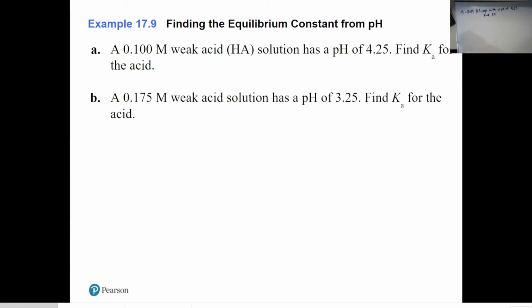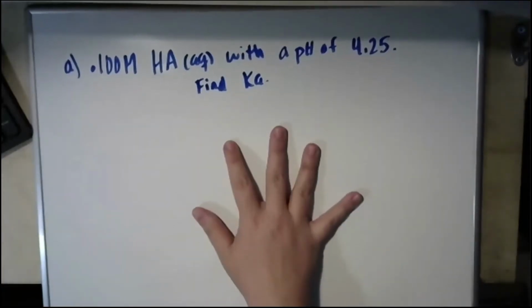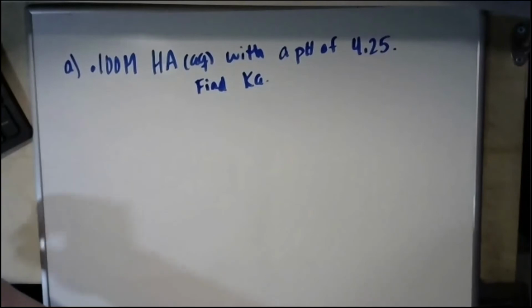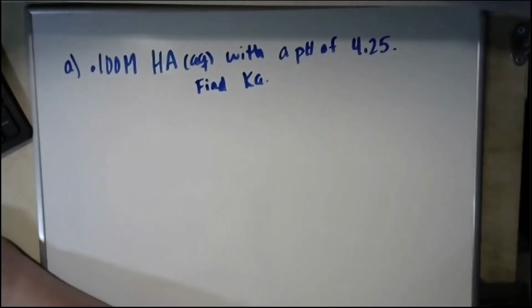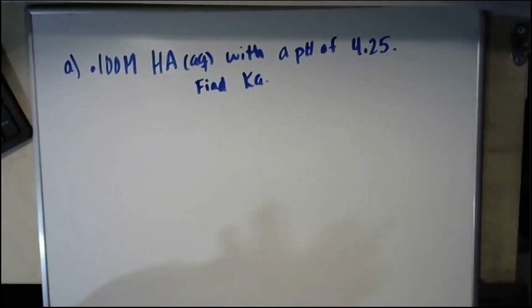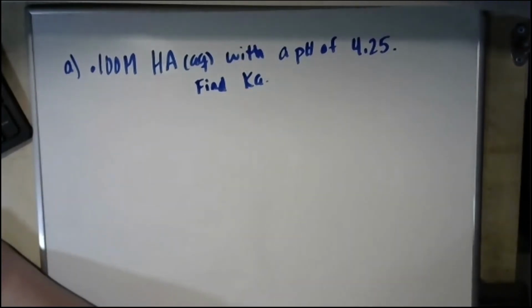These problems might seem overwhelming at first, but this type of problem is so much better than doing the ice table with the Ka value and trying to solve for the equilibrium concentrations. This is great because they're giving us that X value, right?